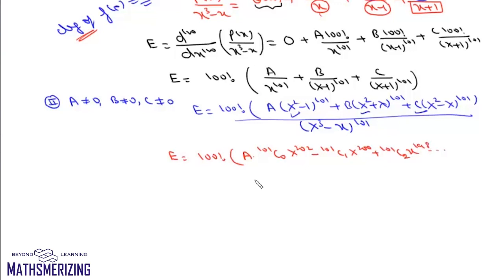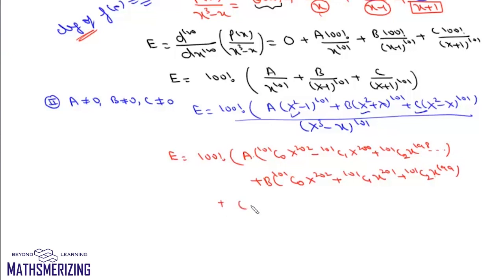In the same way, for b we can write 101 c0 x to the power 202 plus 101 c1 x to the power 201 plus 101 c2 x to the power 199.